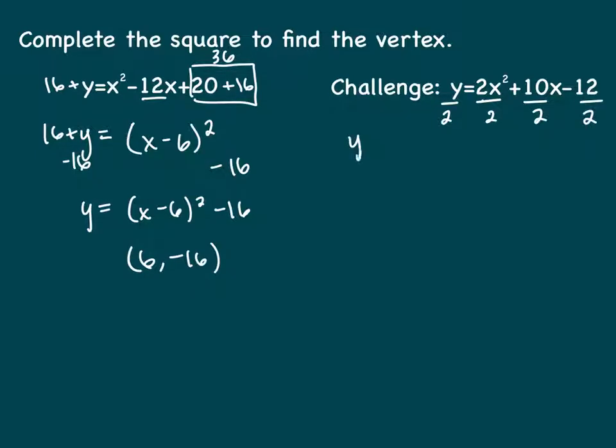So on one side I have y divided by 2. And on the other side I've got x squared plus 5x minus 6. This is also more complicated because my middle term, 5x, is not an even number. So when I divide it by 2, I get a decimal.